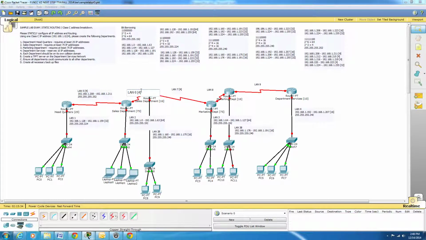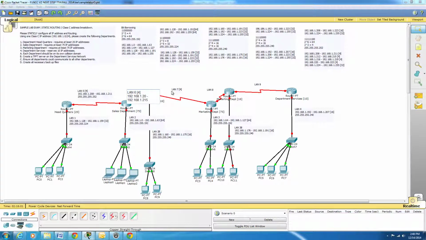Now LAN 6 would be very similar, so you'll get the second block of IP addresses. So you get 192.168.1.212, and that ranges from 212 to 192.168.1.215, and that is a block of 4 IP addresses.